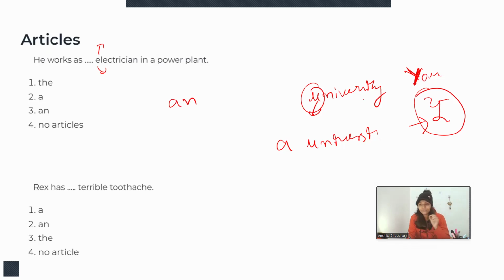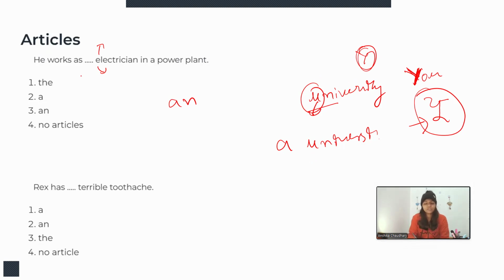The main idea of using articles is what type of sound the word has, not the vowel and consonant, that's the childhood memory, right? The actual idea is what type of sound your word is producing. So university produces Y, which is a consonant, so "a" will be used.